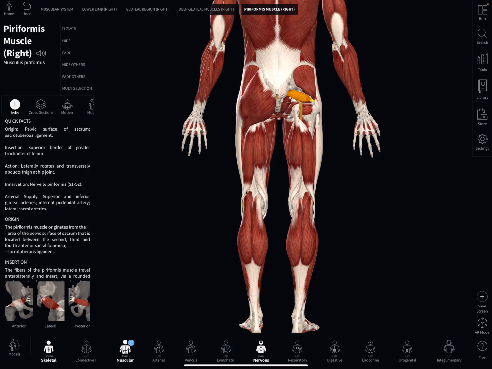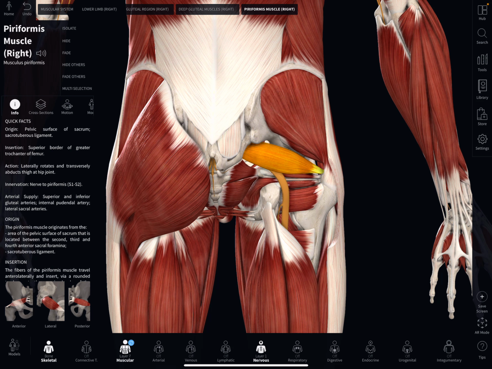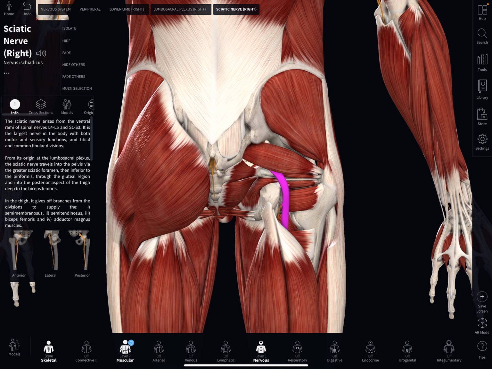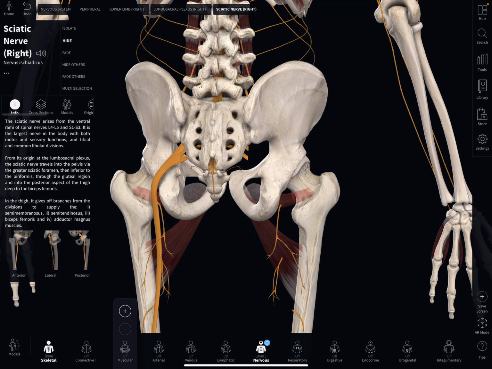The other important part about the piriformis is that anatomically, it is very close and has a direct correlation with the sciatic nerve, which I'm sure a lot of you have heard of. So the sciatic nerve will actually run from, I'm going to peel back some of these muscular layers here, and you'll find that nerve.